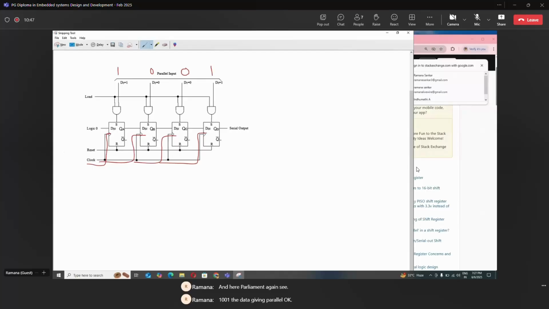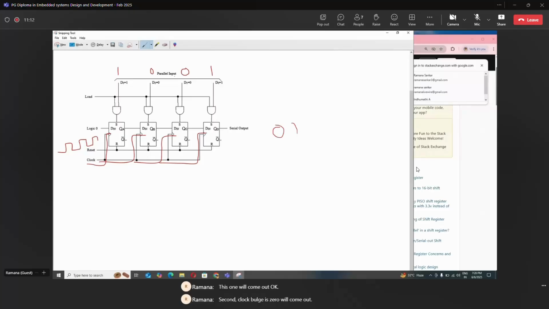So this is the clock, okay. First clock pulse, what happened? Parallel wave, first clock pulse, 1 this 0 2 1 1 will get. This one will come out, okay. And second clock pulse, this 0 will come out.